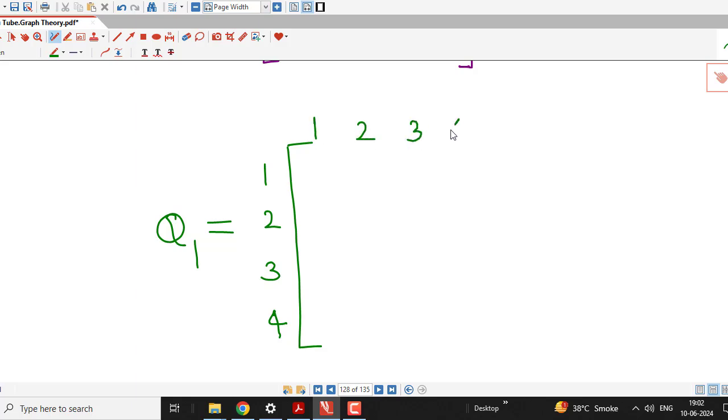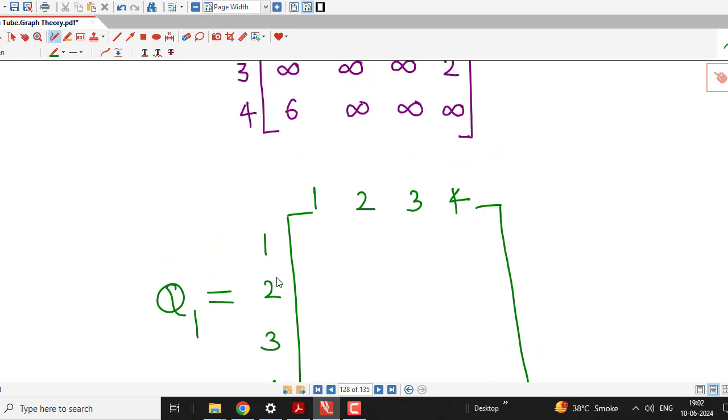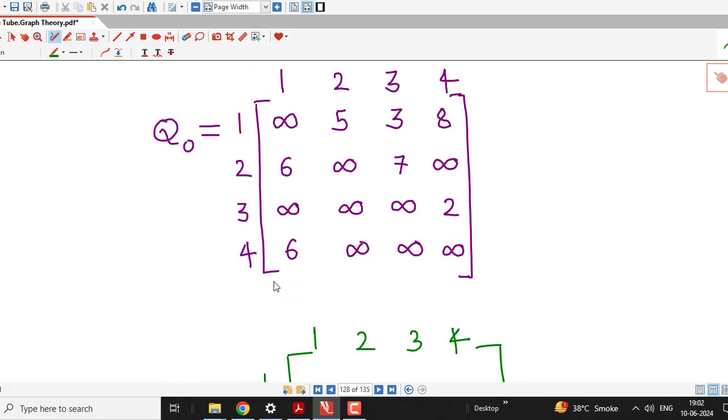Now how to write down Q1, that is the next matrix in our sequence. For that, first we write down these vertices for rows and columns: 1, 2, 3, 4, and here also I will require 1, 2, 3 and 4. Now whenever we are writing Q1, we will copy the first row and the first column of Q0.